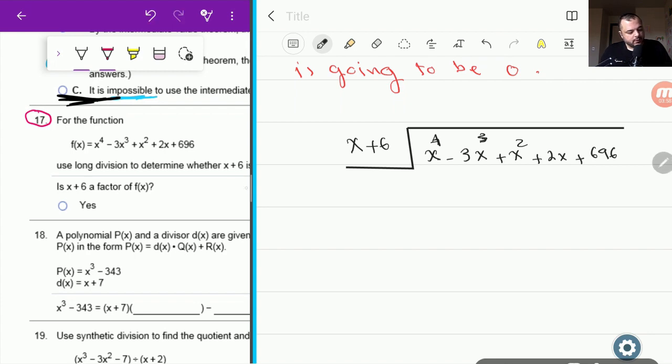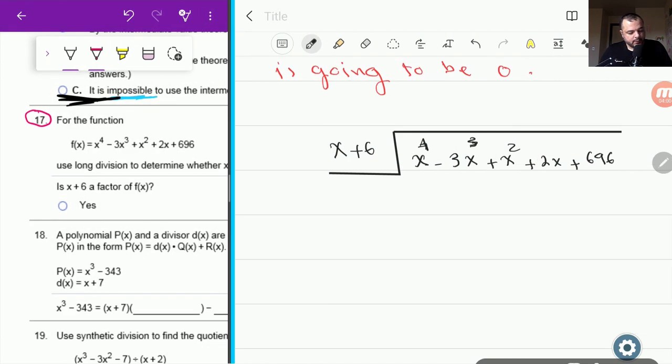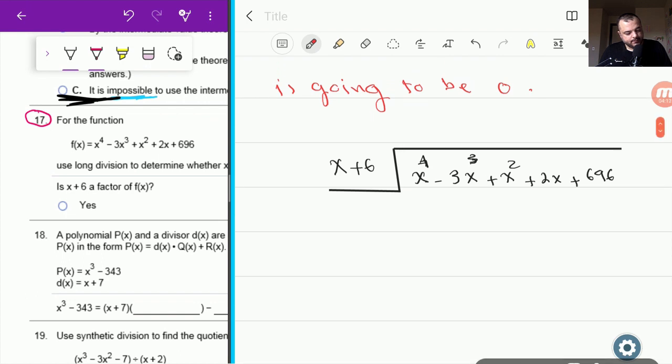We are going to divide first. To divide what? We're going to make sure that the dividend is written properly. This is the dividend.